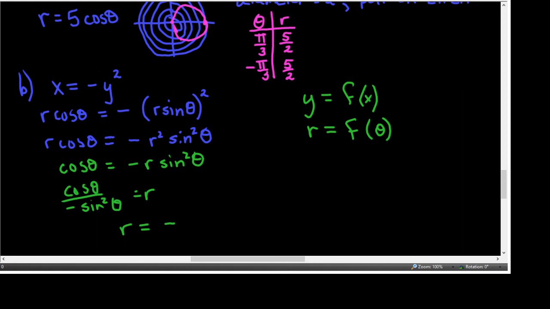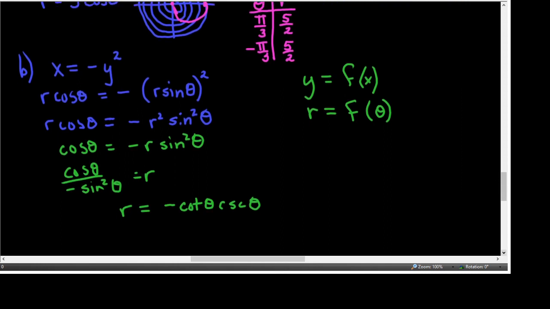Cosine divided by one of those sines is cotangent theta. And 1, which is what's left in the numerator, divided by the other sine of theta is cosecant of theta. And so this is a polar equation for that x equals the opposite of y squared.